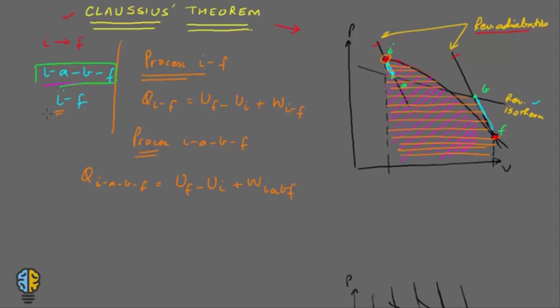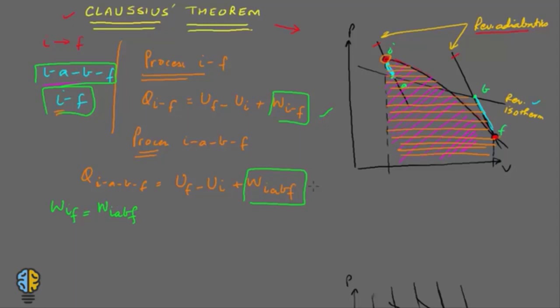Now the area below IABF and the area below IF are the same, and the area below the curve represents the work done. So work IF is equal to work IABF because the areas are the same. This means WIF is equal to WIABF.